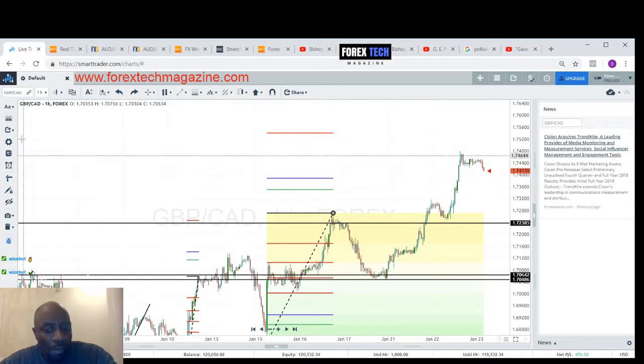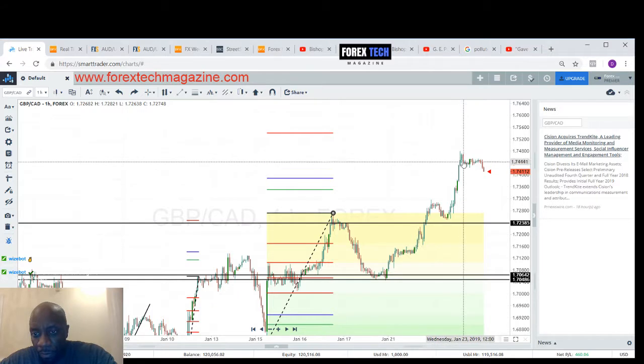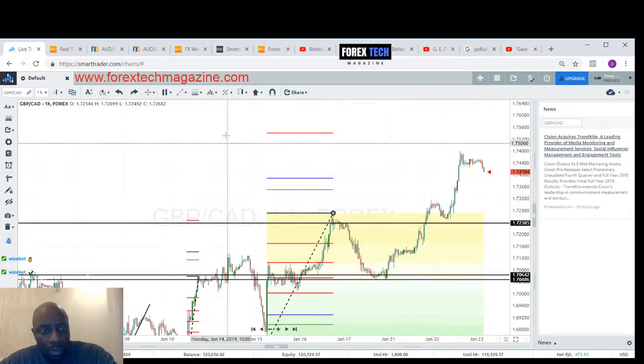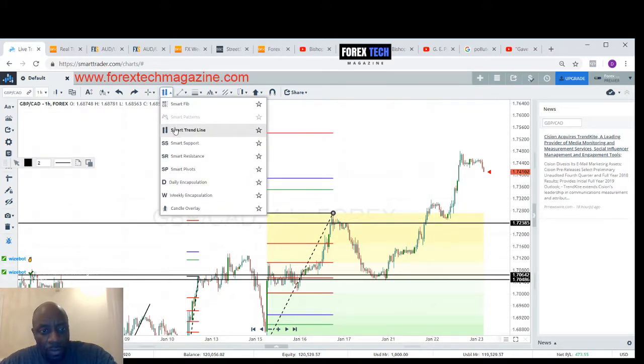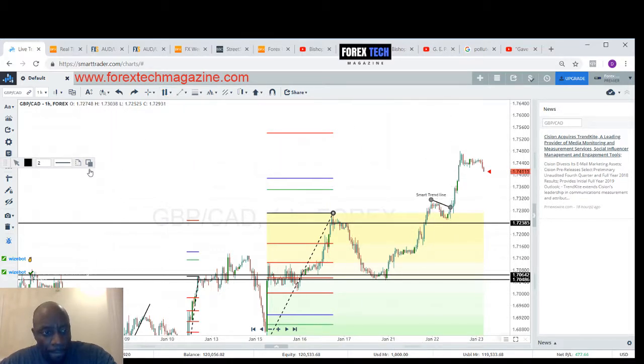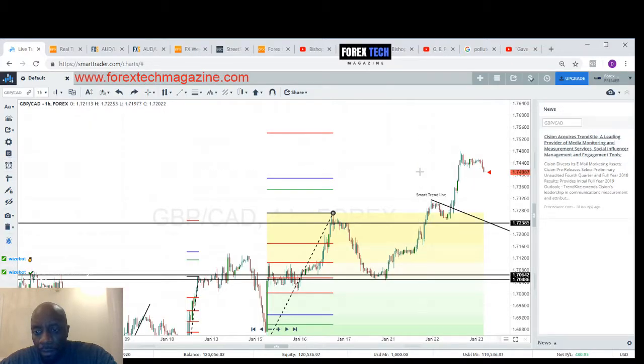That is cool. And just notice here how price came down, bounced off of the support line, came up, pushed through resistance, and then pulled back before proceeding back up again. And if you notice, every time it pulls back, it has to cross over into that buy zone before it pushes up.